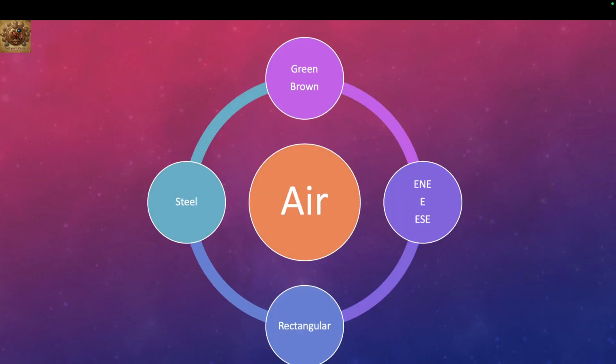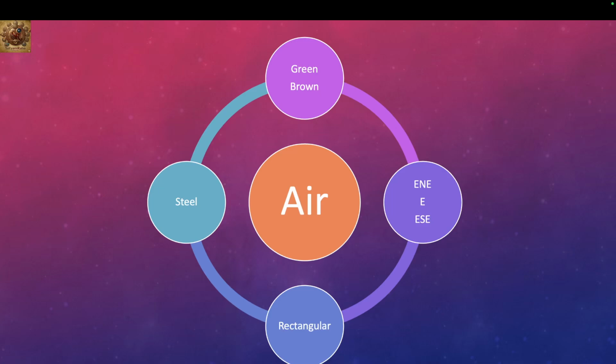Similarly, for the air element, you have green and brown. Just remember the trees, like I said a while back: green color leaves and brown color stems. So green and brown are the colors ruled by the air element.